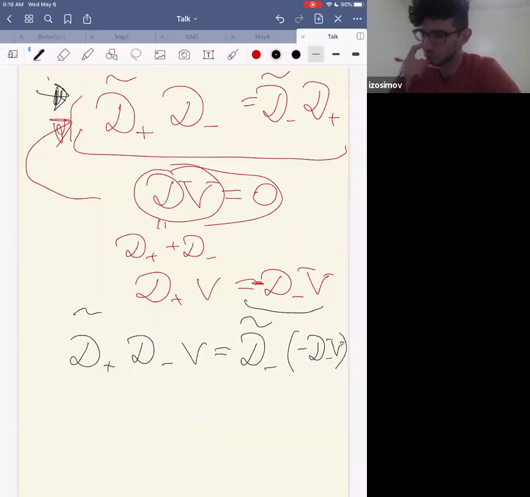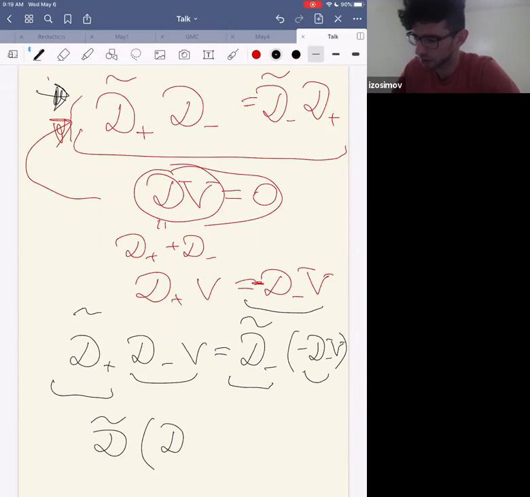So moving things to the left, here we have D minus v, here we have D minus v, so it means that we can group this and this. As a result, we obtain that D tilde applied to D minus v is equal to 0. So that's what we get from this equation here.